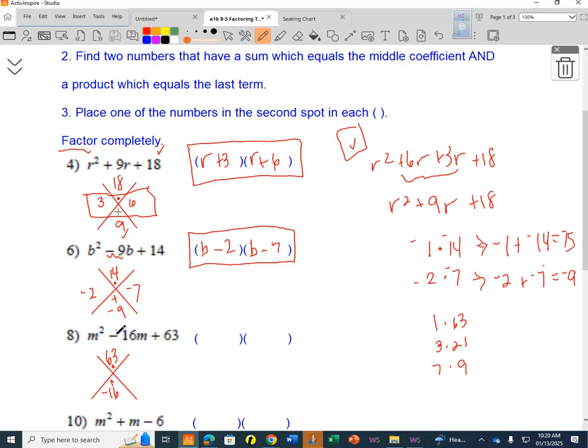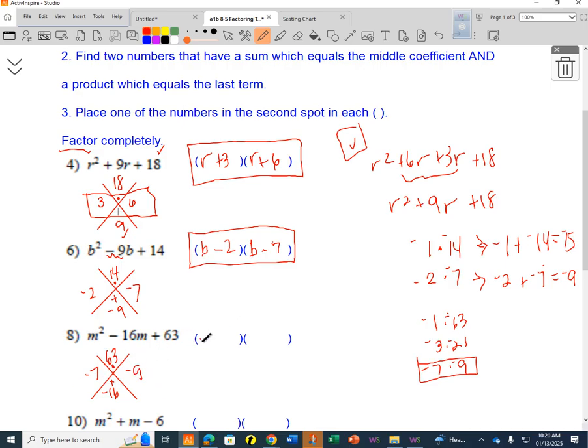Now, they're both going to be negative because our middle term is negative and our last term is positive. So which pair of factors, when you add them together, you get a negative 16? Negative 7 and negative 9, that's right. So, negative 7, negative 9, or negative 9, negative 7, that order doesn't matter.